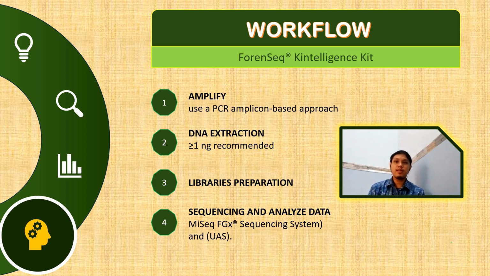The third step is library preparation. The libraries are prepared manually, purified, barcoded, normalized, and also pooled to ensure consistency and high quality sequencing outcomes. And the last step is sequencing and analyzing data, where the pooled libraries are sequenced using the MiSeq FGx system, and the resulting data is analyzed using universal analysis software.